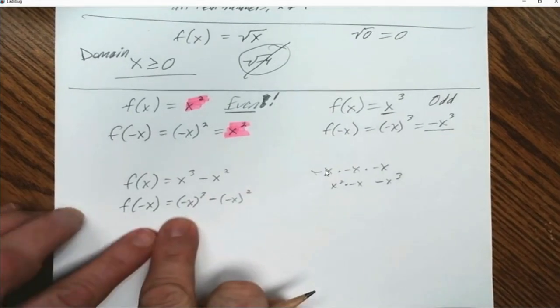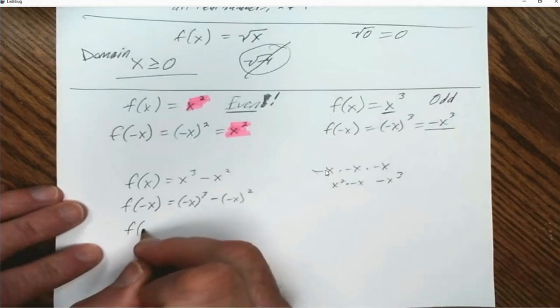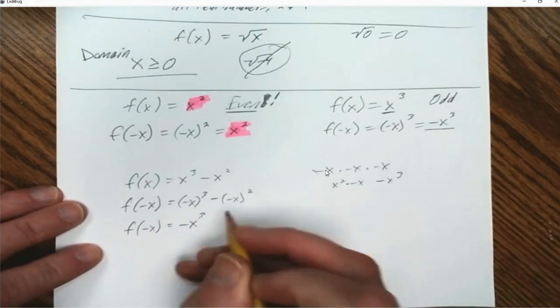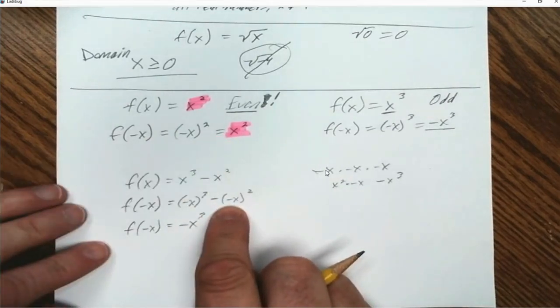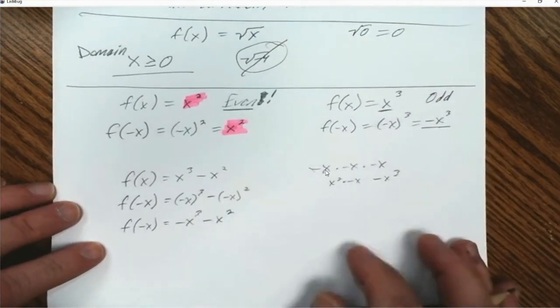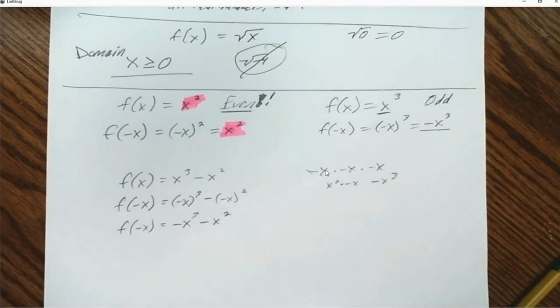Well, we said negative x to the third power is negative x to the third. Negative x squared is x squared. So this is minus x squared again. Looky there. Is that odd?